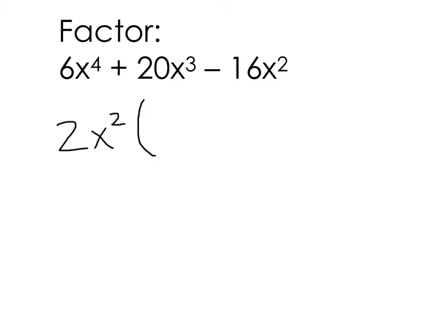What does that leave us with? 3 times 2 is 6. X squared times x squared is x to the 4th. What do we put here so that when we multiply, we get 20x cubed? 10x. And finally, what do we put here so that when we multiply, we get minus 16x squared?